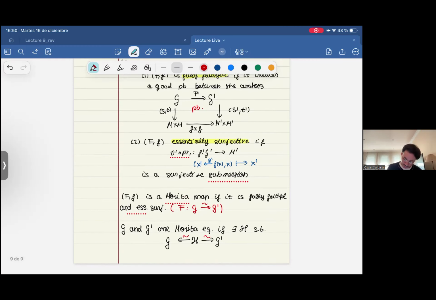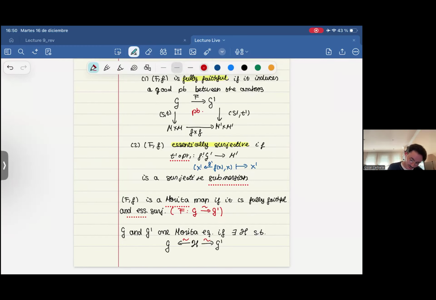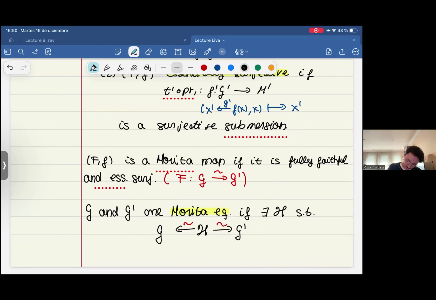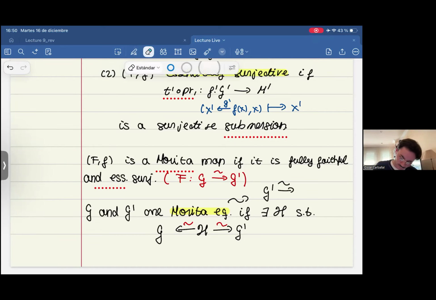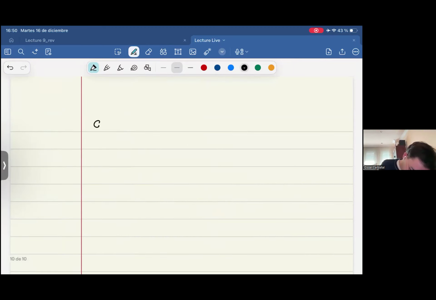Okay, but the important thing here about Morita equivalence, maybe you have heard about this, is that we denote that G is Morita equivalent to G prime in this way, right? This is the standard notation. Suppose that we have two Lie groupoids which are Morita equivalent. Well, if G is Morita equivalent to G prime, we can take in a very natural way the associated orbit spaces, right?